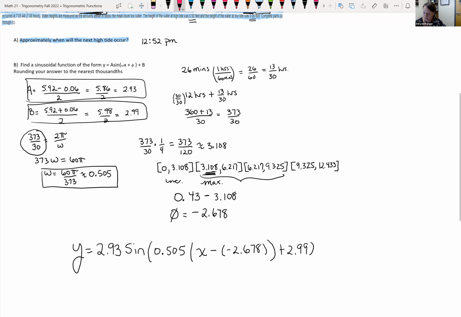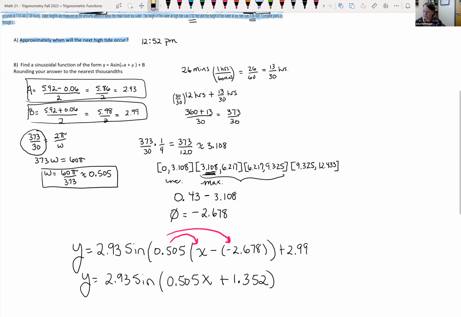So let's distribute this 0.505 inside the parentheses. We get y is equal to 2.93 sine of 0.505x plus, if you multiply 0.505 times 2.678, you will get 1.352, end the parentheses, plus 2.99.